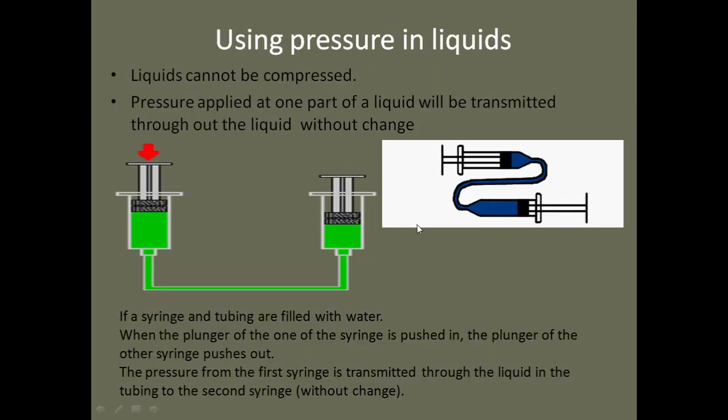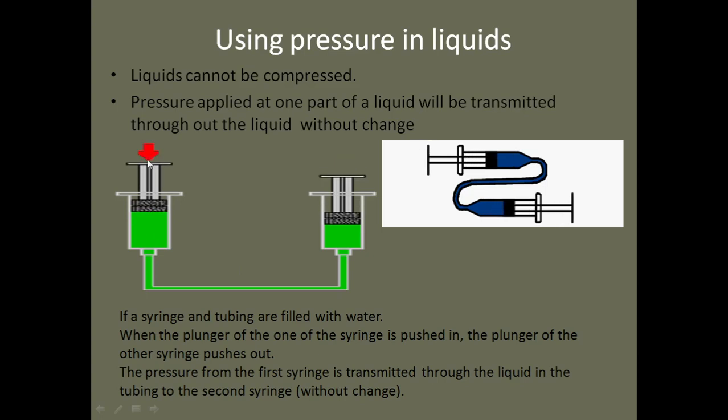Now, using pressure in liquids: liquid cannot be compressed. We know that pressure applied at one part of a liquid will be transmitted throughout the liquid without change. If you have a liquid, and this is a syringe, a piston, it can move up and down.